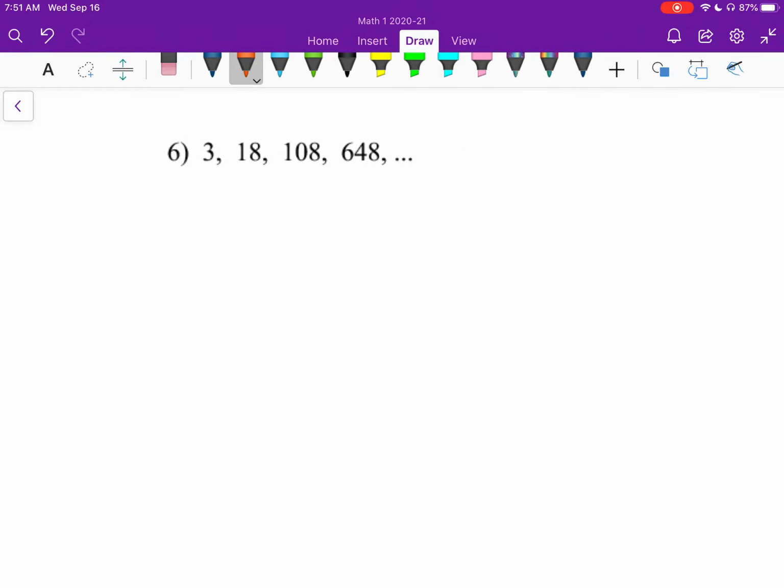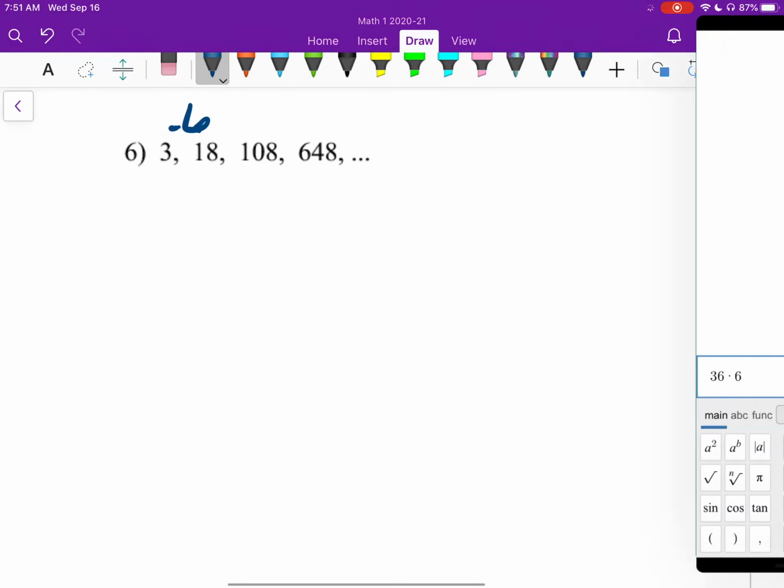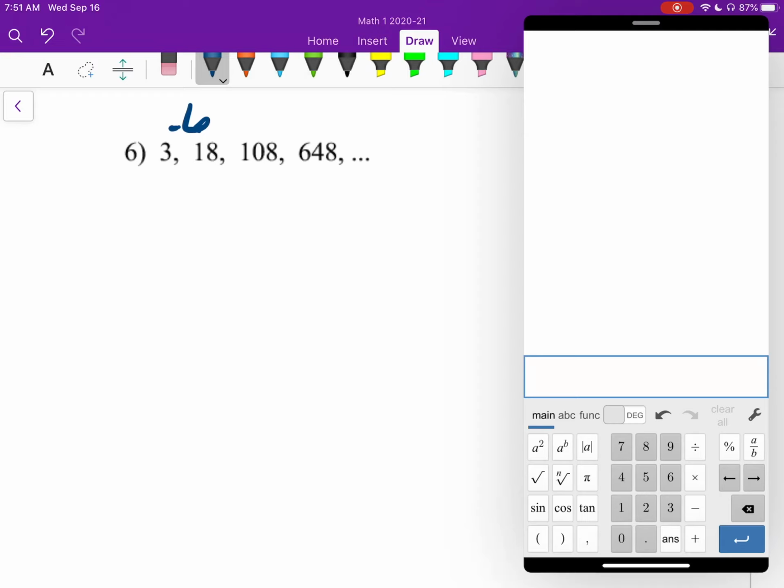All right, that's number 5. Number 6, what do we multiply each time here? 3 to 18 is 6. Let's check the rest of them. 18 times 6 is 108. And then times 6 again is 648.